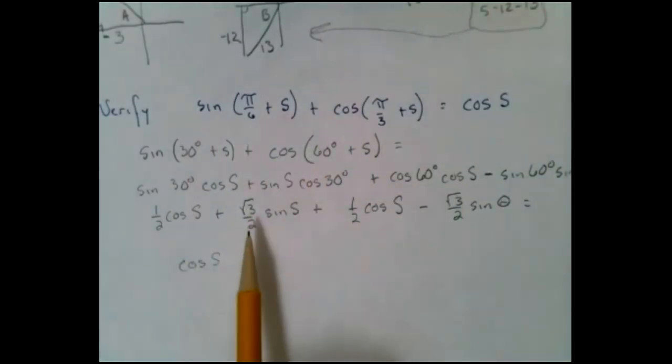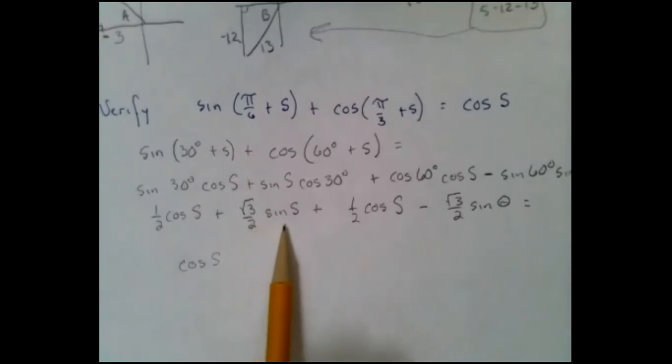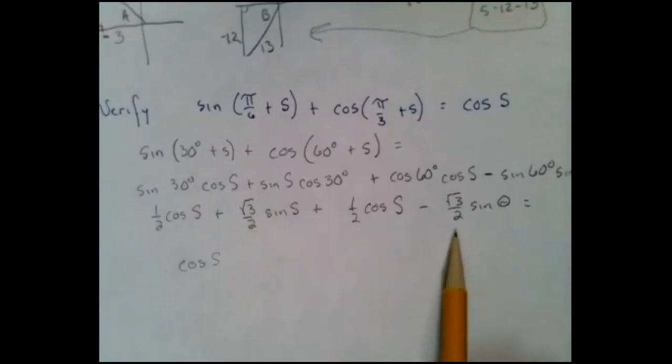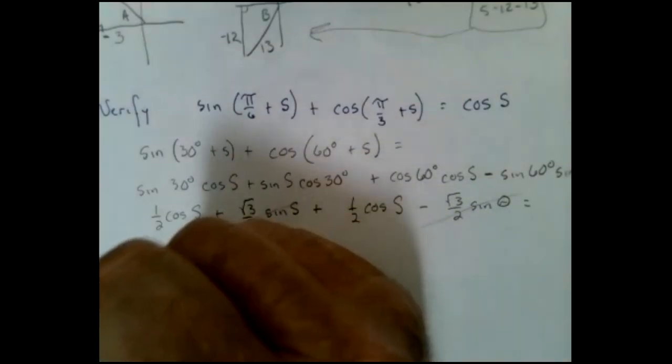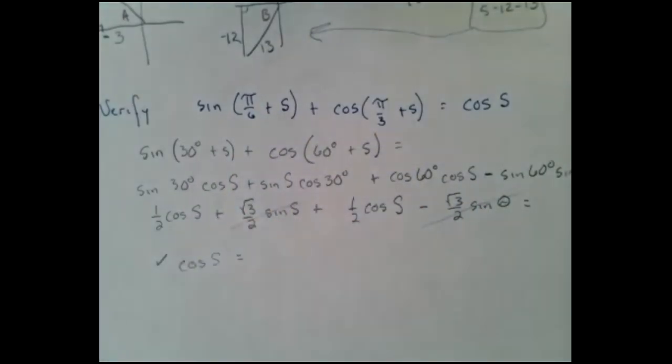The square root of 3 over 2 sine S, negative the square root of 3 over 2 sine S. So long, farewell, auf Wiedersehen. Yep. Just like that, it all comes out in the wash. All right. Any questions?